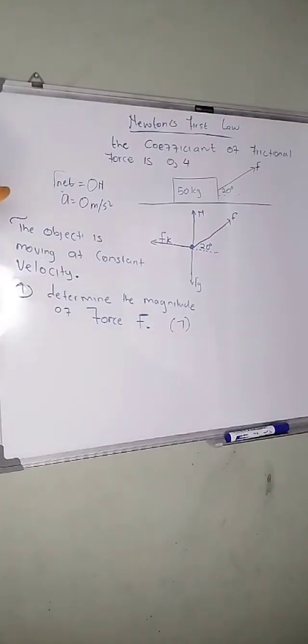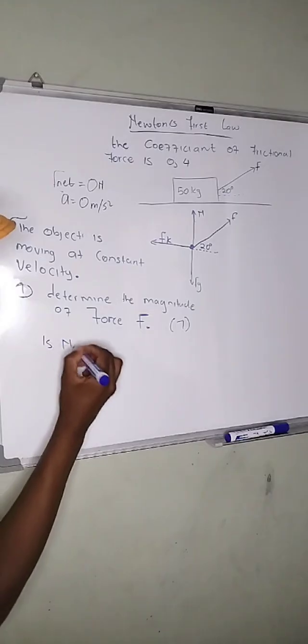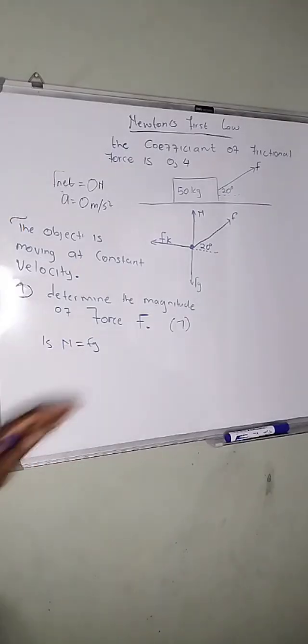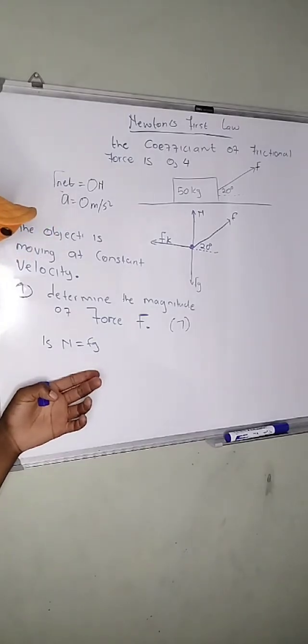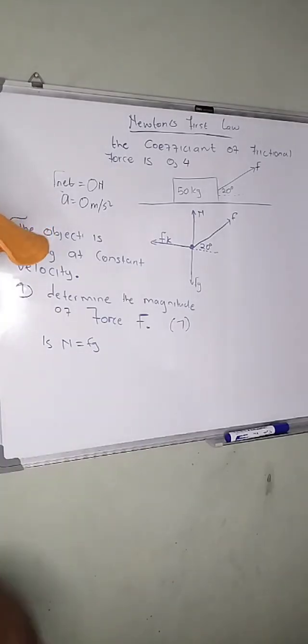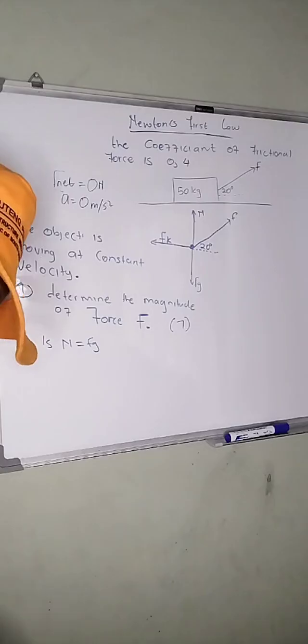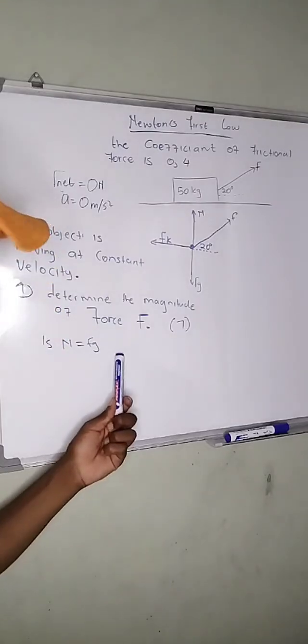What is our normal? Is the normal equal to Fg?